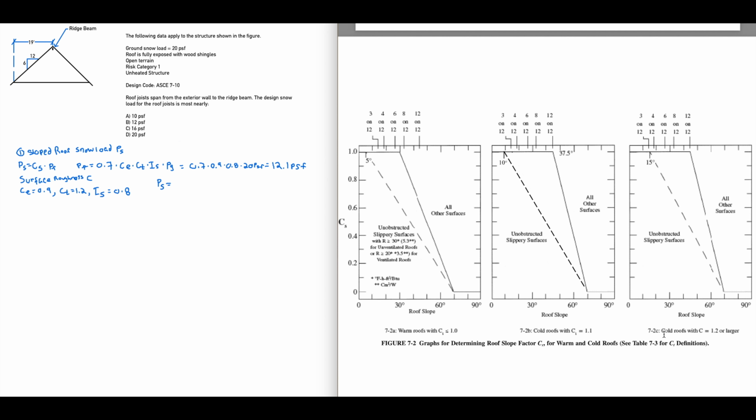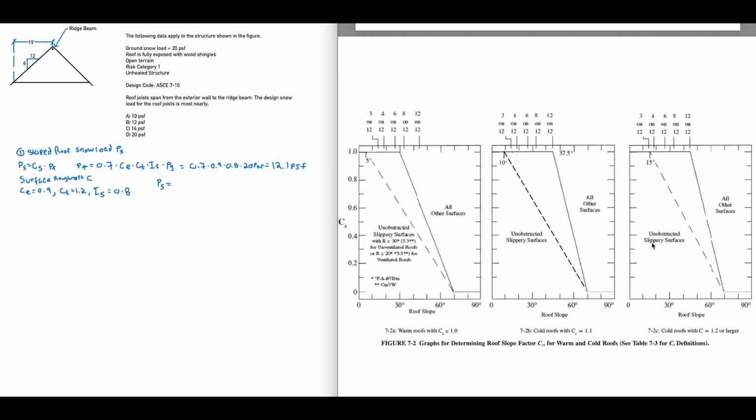Okay, so we want to find out what CT is equal to. Well, earlier we said that CT is equal to 1.2. So we know that we need to use table 7-2C because it says cold roofs with C is equal to 1.2 or larger.